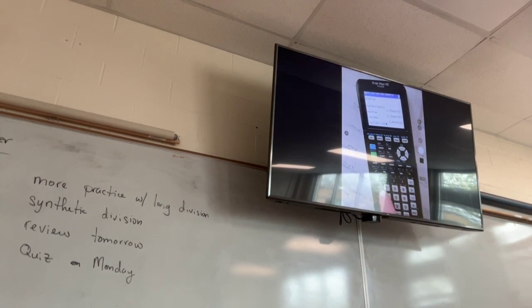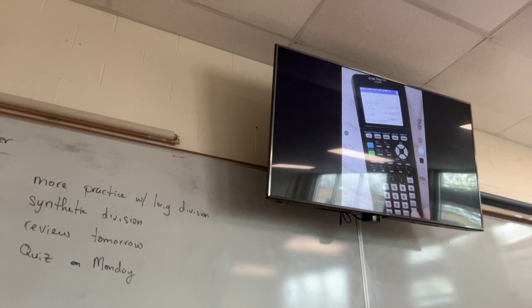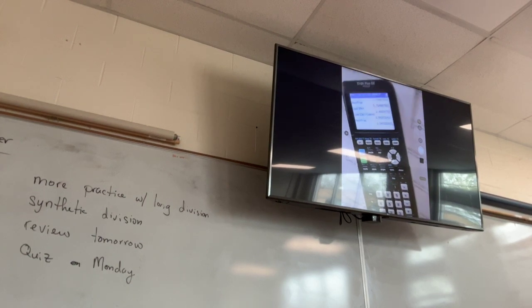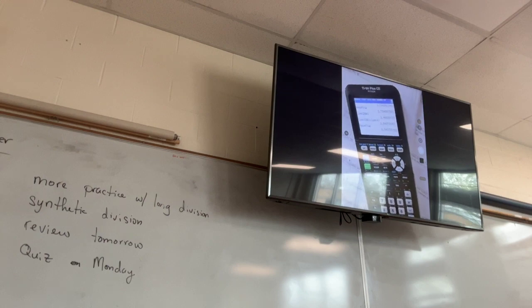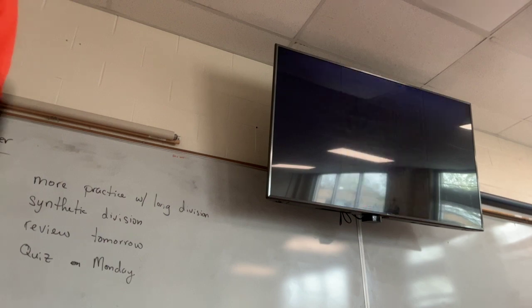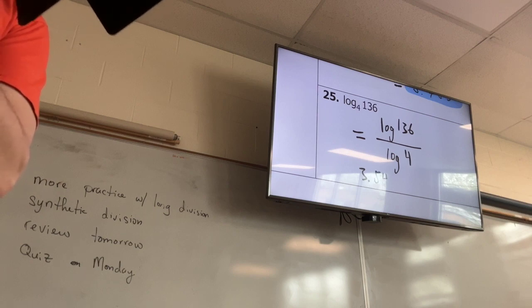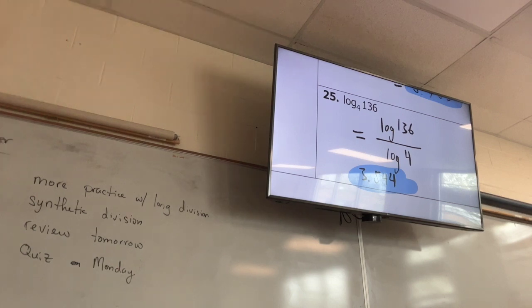We're not solving equations with these yet, unfortunately. Let's see if that's a fraction. It's probably not. Yep, it's 3.544. I got 3.674.